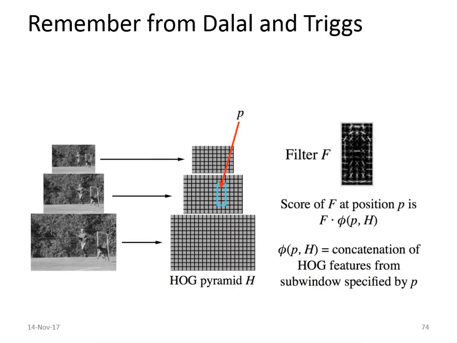Now let's look into more detail. You have a filter, let's say the root filter F, and phi of H is basically the HOG, concatenating all the HOG features for different scales. The entire thing goes through a filter, and you are supposed to train this filter.